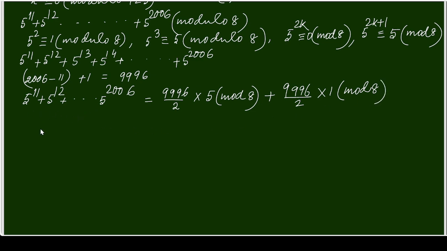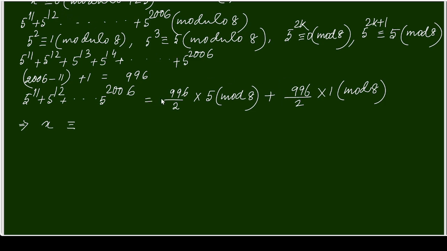And this we have taken as x. So I'll write now x is congruent to, if we divide with 2, it will be 4. Oh, sorry, very sorry. It will not be 999.